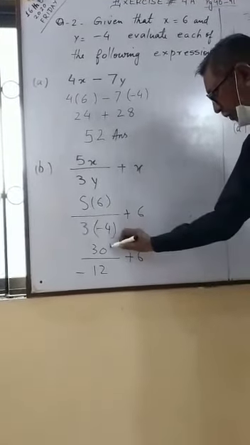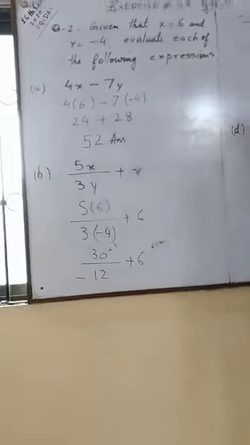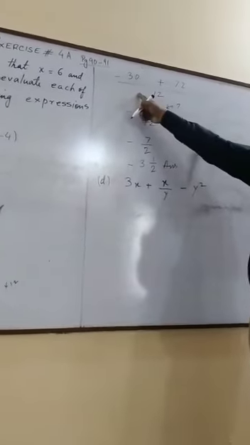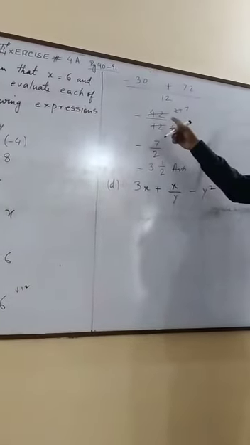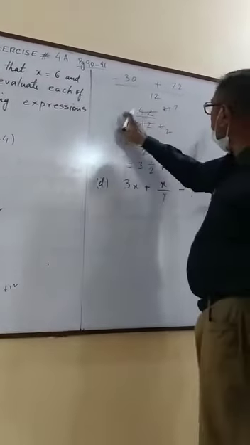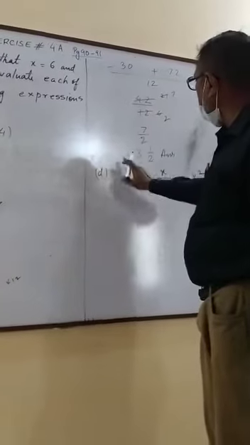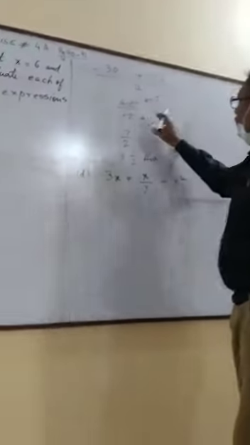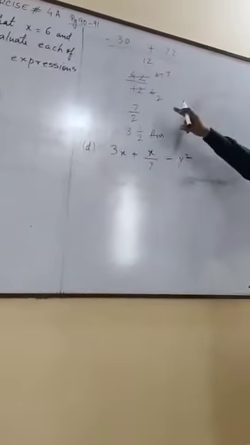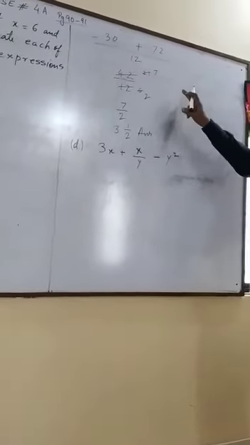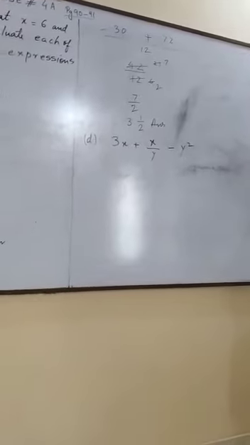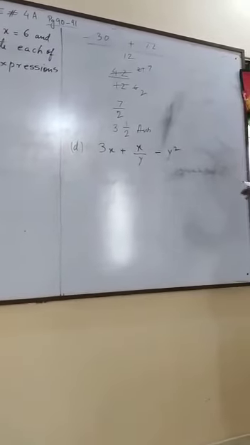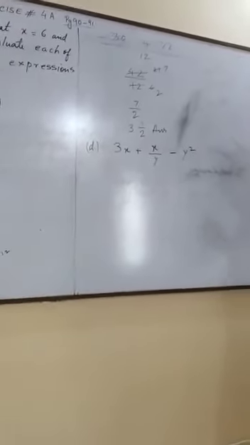And this will be multiplied by 1. So this is 30 minus 30, and this is plus 72. When we will subtract, we will get a positive value. So it is 42 upon 12, and after cancellation we will get 7 over 2, and 7 over 2 is 3 whole 1 upon 2. Okay, that's it.